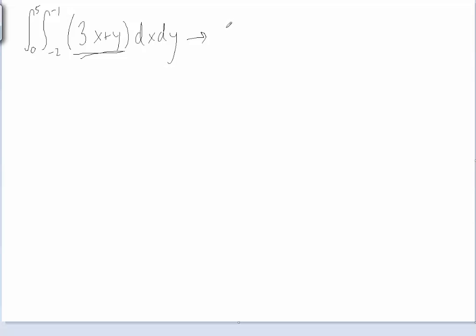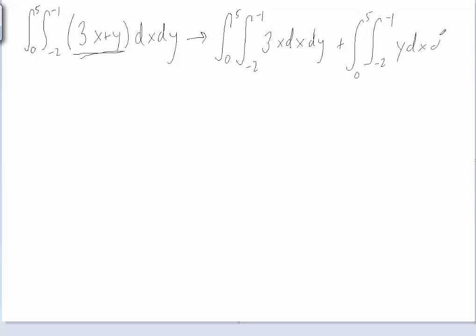What that's going to give us is two double integrals. 3x dx dy plus y dx dy.